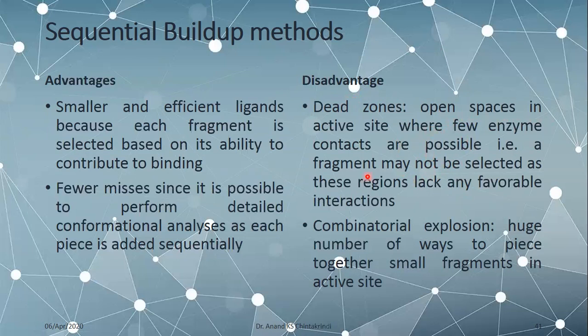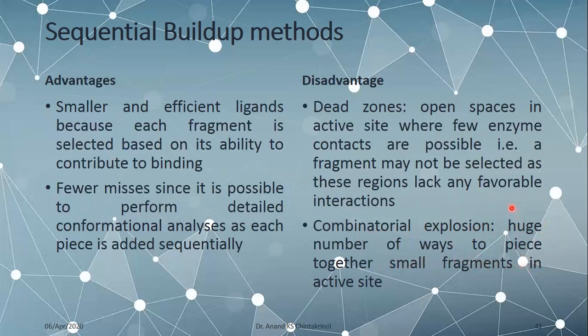Now, it also suffers from computational explosion because, as I have said with the hydroxy group in the previous slide, we have mentioned that there is a huge number of ways to piece together small fragments in an active site.